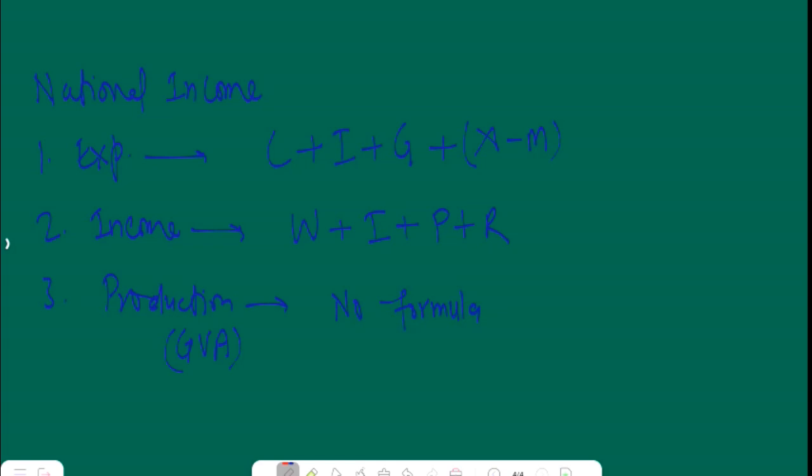Understand this. C stands for total consumption. I stands for investment that we have made. G stands for government expenditure. X is export, and M is import.